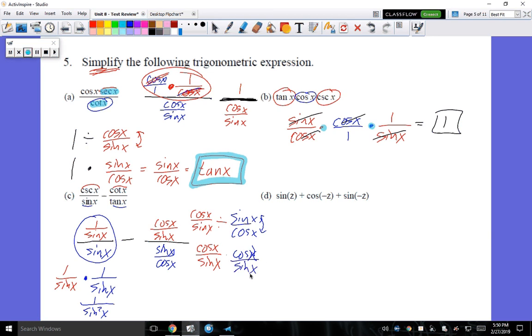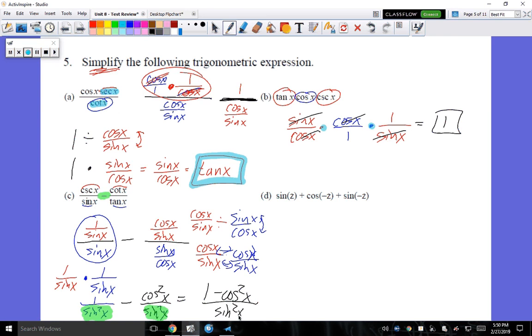Now these don't cancel because they're still up top, but we know that this reduces to something that looks like cosine squared and sine squared. So we'll have minus cosine squared over sine squared. Now with fractions, especially when we're adding or subtracting, we do want a common denominator, which you can see that we have right here, so that we can combine these two fractions into one huge fraction altogether.